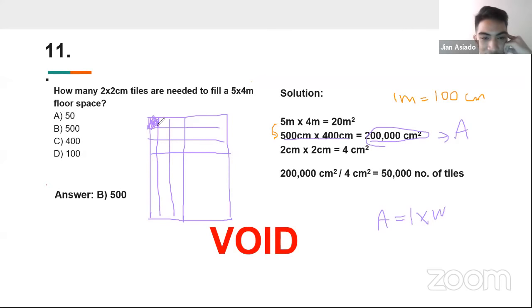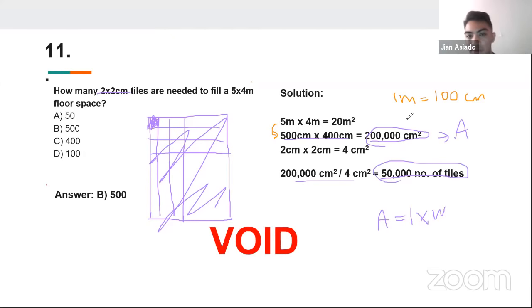And then, i-divide mo para malaman mo kung ilan tiles na to, mapupuno niya yung buong floor space mo. So, 200 divided by yung area ng tile, no? Yung isang maliit lang. So, divide. So, that's 50,000 number of tiles. And that's wala dito. So, but this is the solution. No?